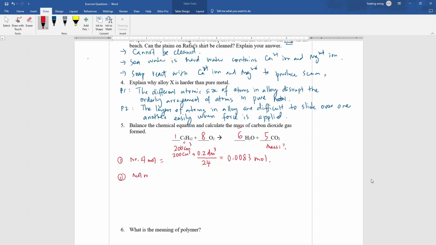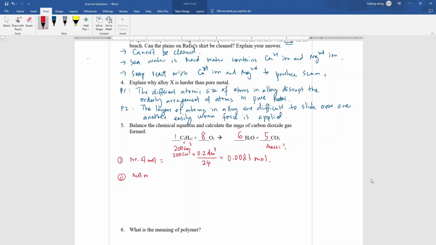Then finally we can find the mass of carbon dioxide. You will get 0.042 times the molar mass. Molar mass of carbon dioxide: carbon is 12 plus oxygen is 16 times 2, so it's 44. You will get 1.83 gram. Unit must be stated.